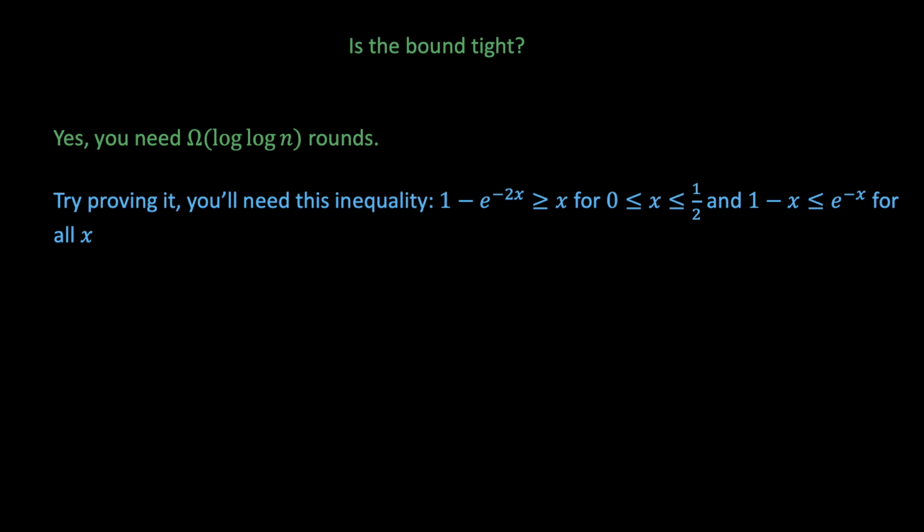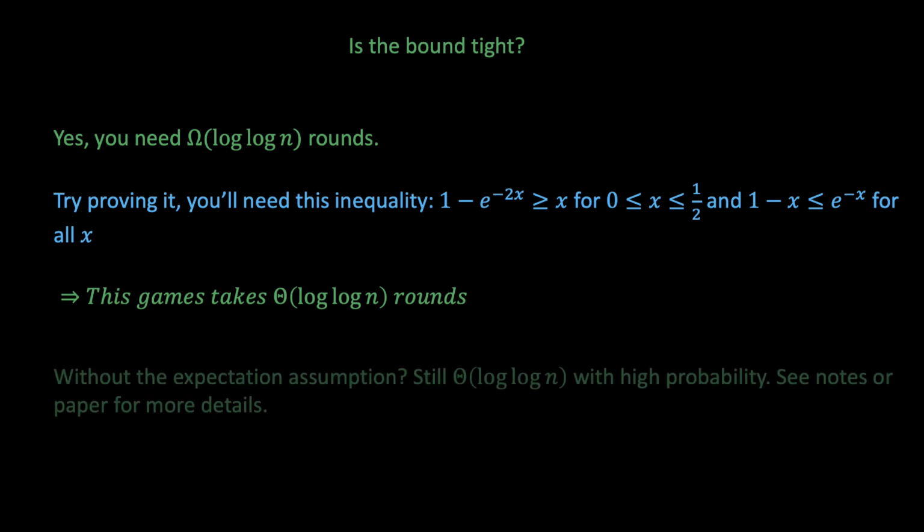You just need to show that after, say, log n minus 10 rounds, x_i is still greater than 1, and so the game cannot have been finished. But these bounds imply that this game needs Theta(log n) rounds to finish. What's even more surprising is that without the expectation assumption we made, it still takes Theta(log n) rounds to finish with high probability. For more details, see the lecture notes or the SODA paper.